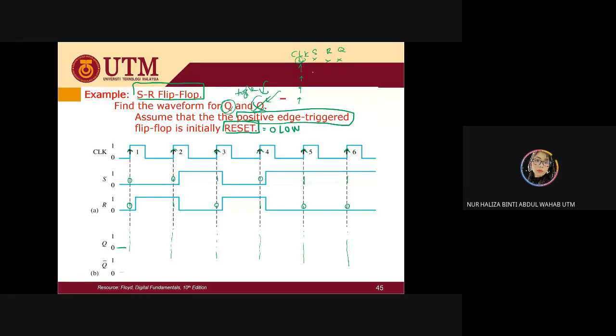Here is my output. 0, 0 will be no change. 0, 1 will be reset. 1, 0 will be set. 1, 1 invalid. So let's draw the output from the initial as a 0. At this point, it is 0, 0. 0, 0 is what?